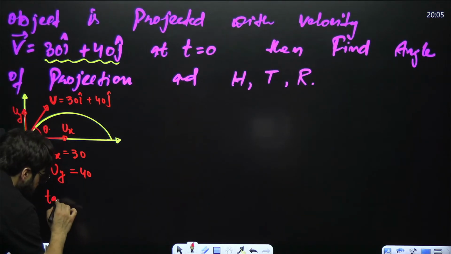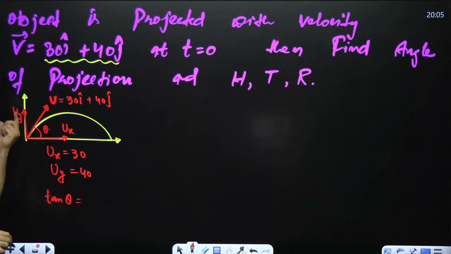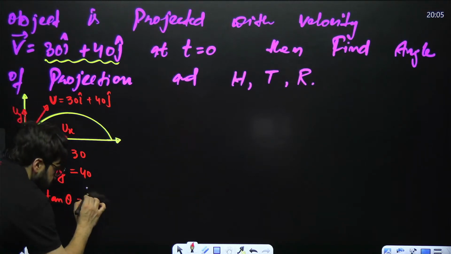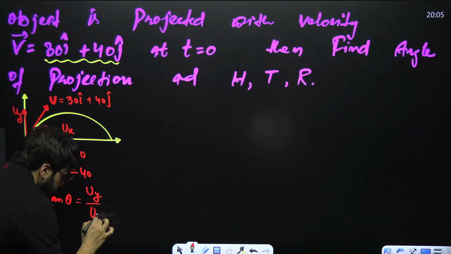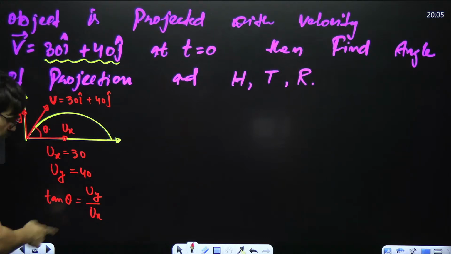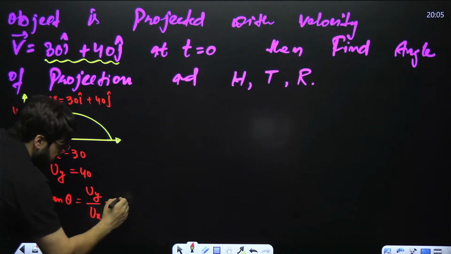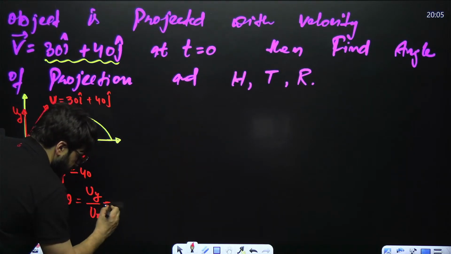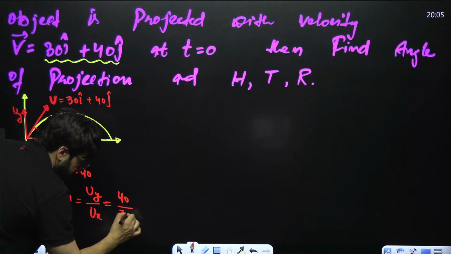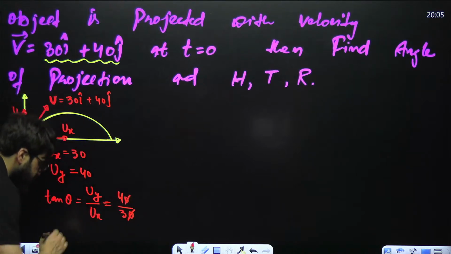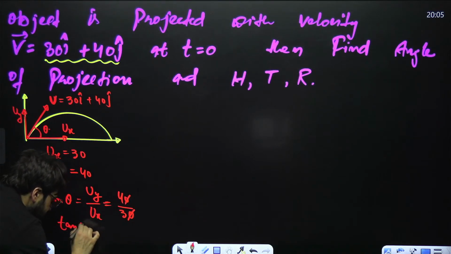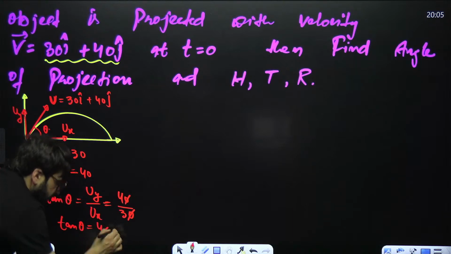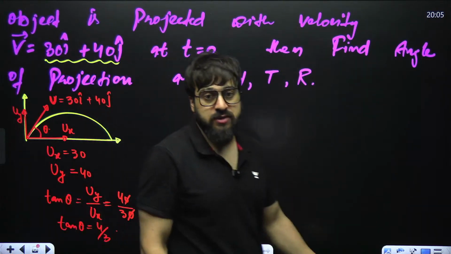Tan theta will be perpendicular by base, that is uy divided by ux. So uy is 40 divided by 30. This and this will cancel. So the value of tan theta comes out to be 4 by 3.